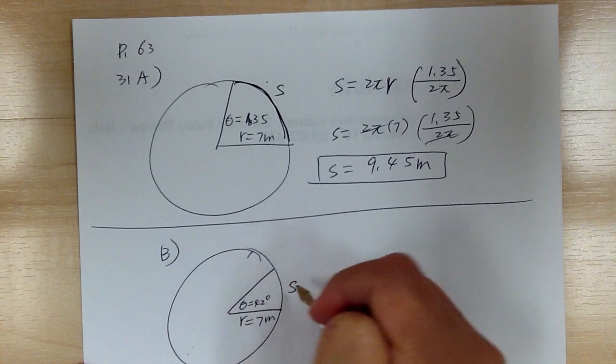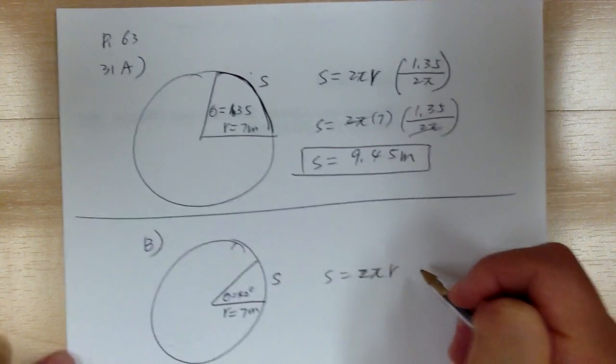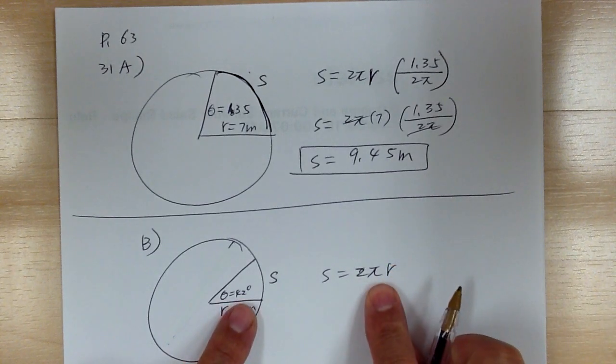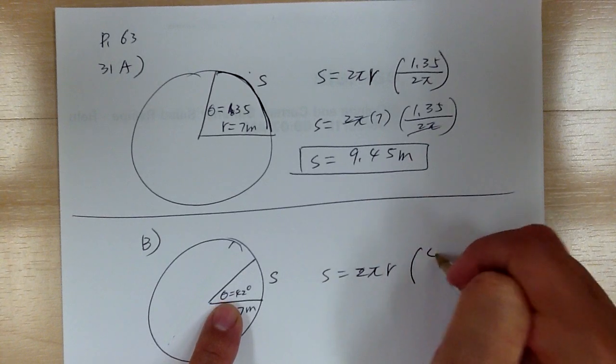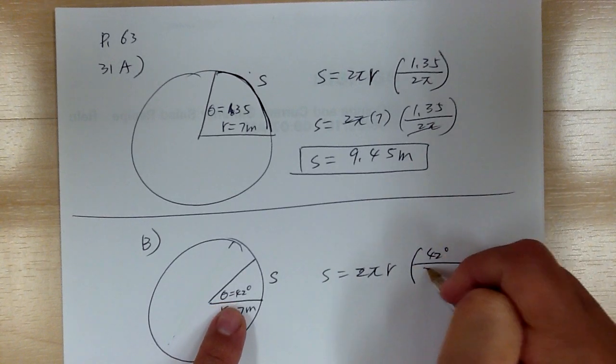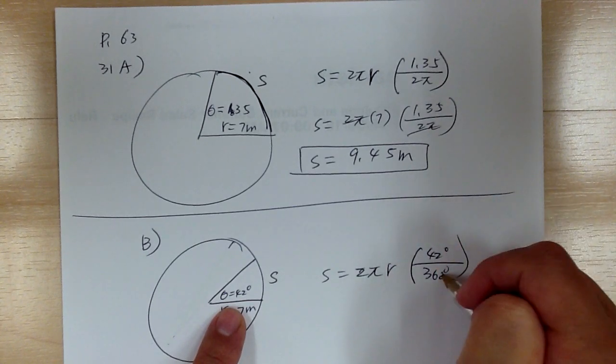So again, you're looking for S. Start with your formula 2 pi r, and so this is the whole circle. So you only want this part of it, so you have to times it by 42 degrees out of 360 degrees. So this is the part that you want out of the entire circle.